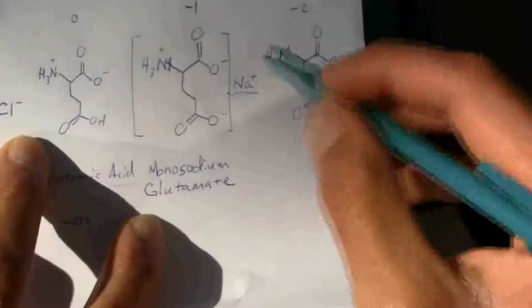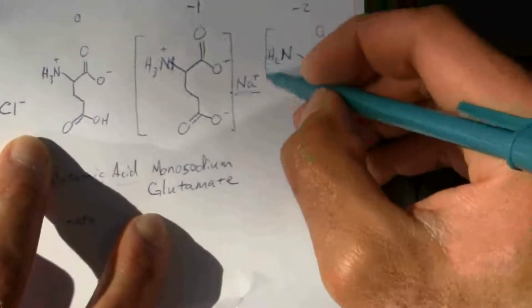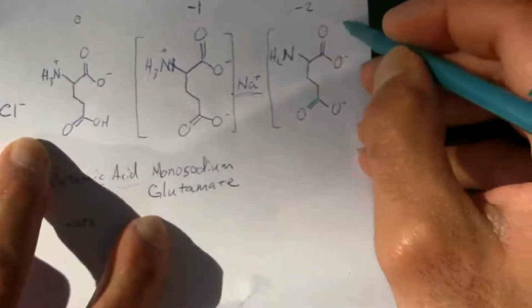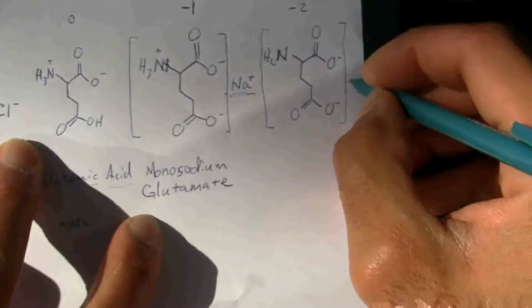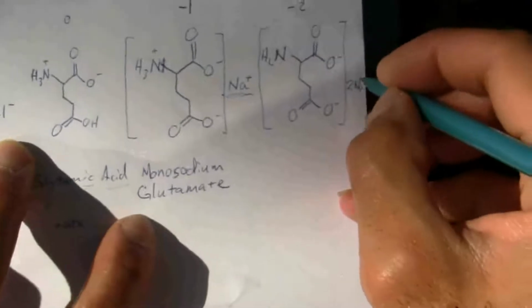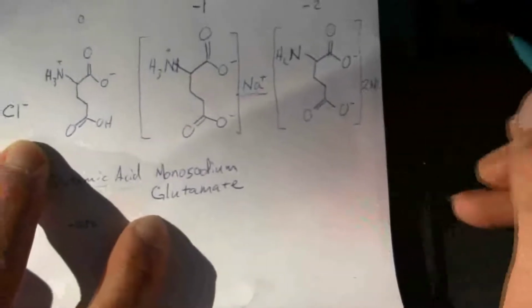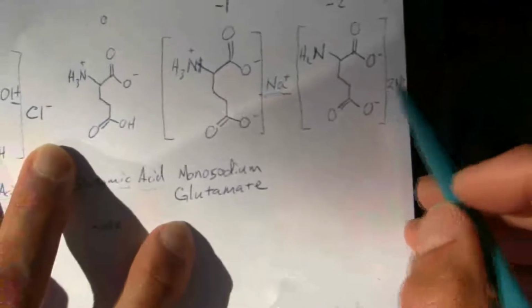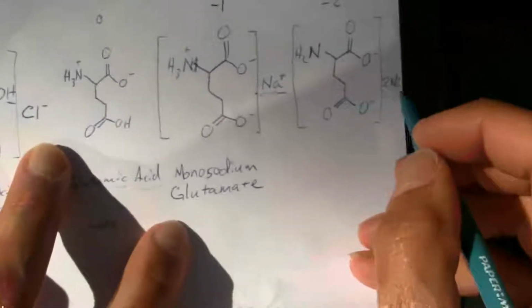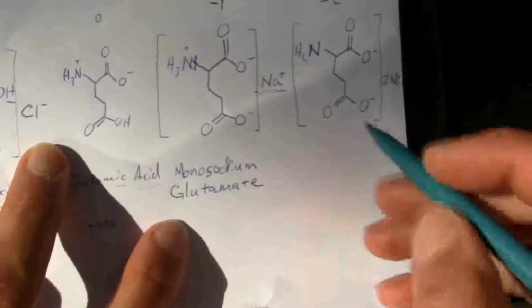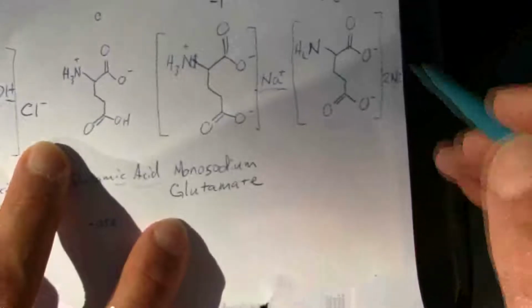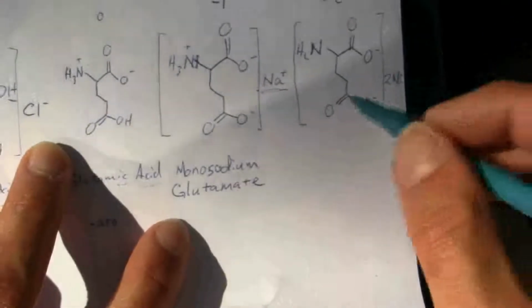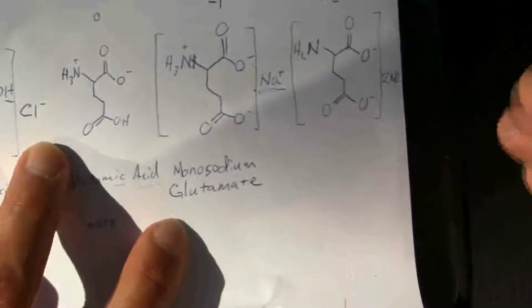So I'd have to have 2 ions to counterbalance this form. I'll just write it as 2Na plus, running out of space here on my paper, but this would be disodium glutamate. That's the way we would name this one. Or you could have, say, calcium glutamate or something that would have the same charge balance.